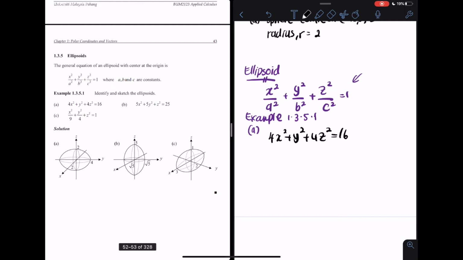In this case, what you can do is make sure whatever you have on the right hand side is equal to 1.